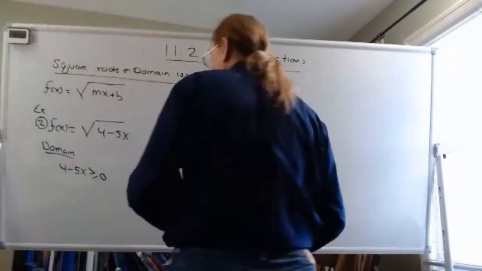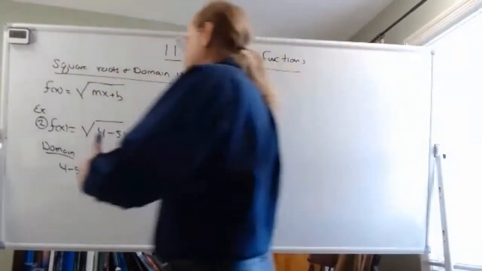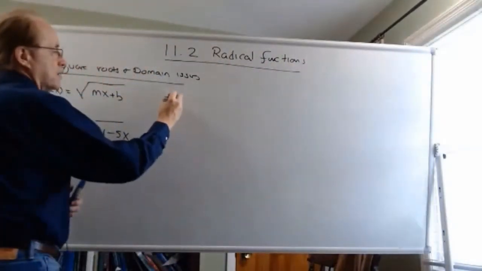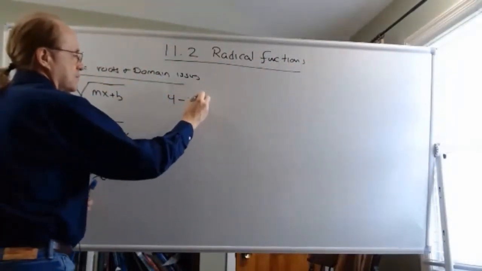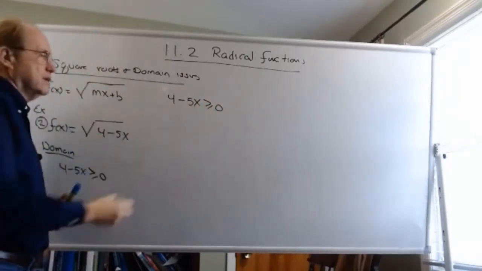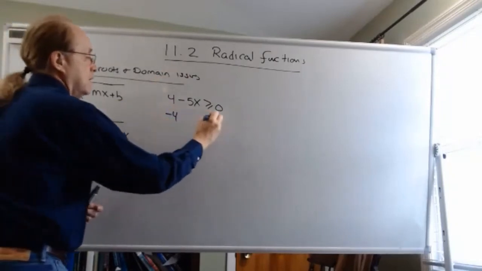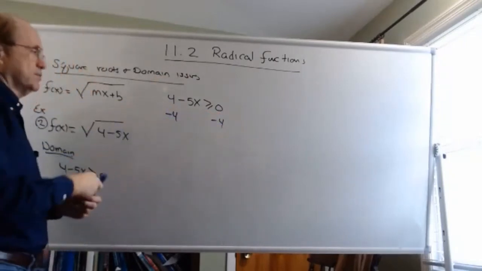Okay, so let's go through and solve this. Let me just do it up here so I have a little extra space. I want to talk to some issues that some students have. There's many ways of solving this. I'm going to do it 2 different ways so you can see. One way is I could move the constant over by subtracting 4 from both sides.